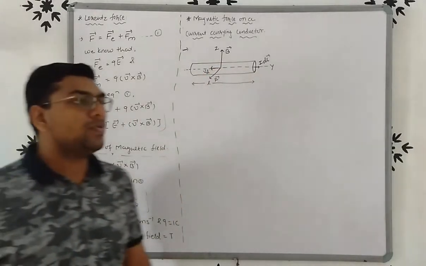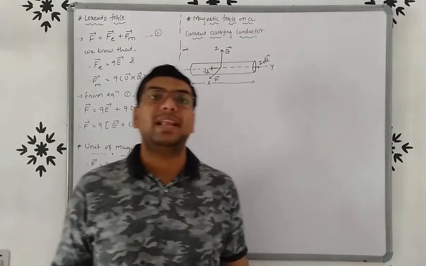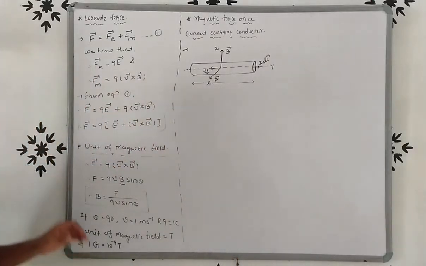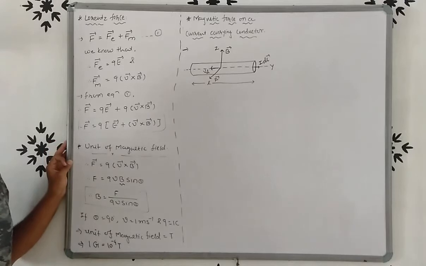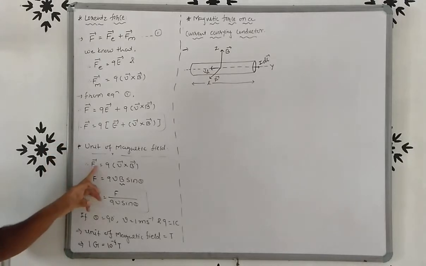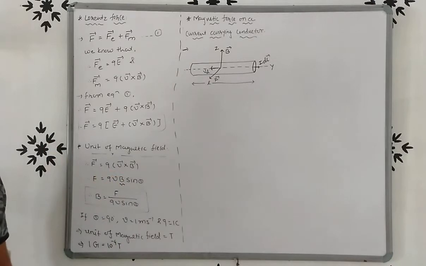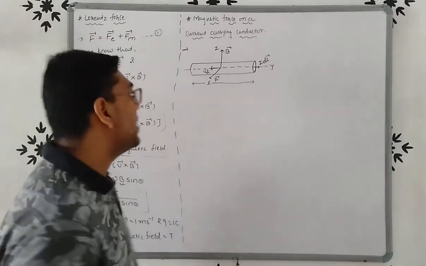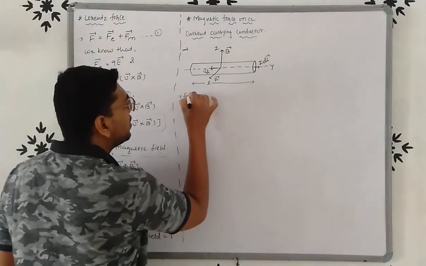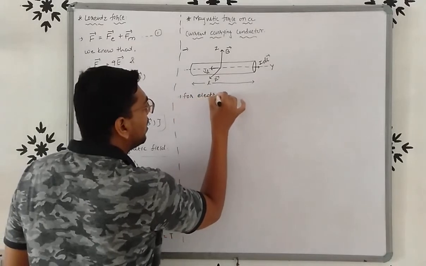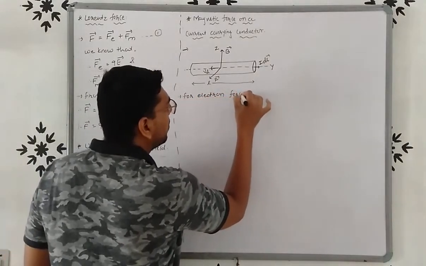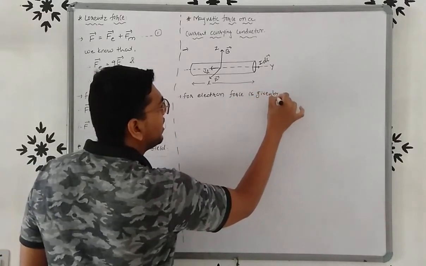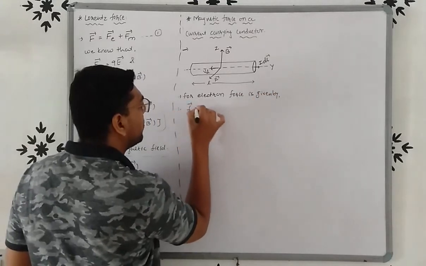Now we have to find out the formula of magnetic force, right? So we already know the formula of force on each charge. F is equal to q into v cross B, right? So for electron the force will be given by small f, right?